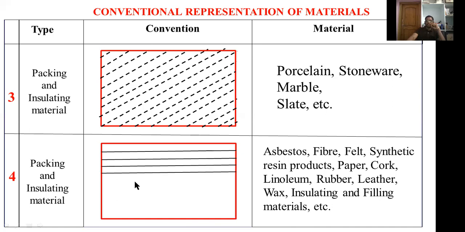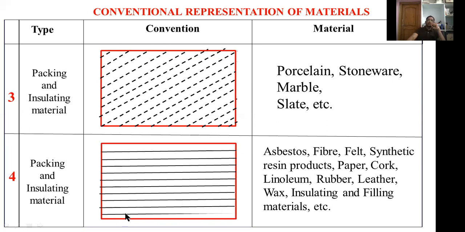These are the horizontal lines. Now for indicating packing and insulating materials, I am drawing again dashed lines. Sorry, continuous lines with 45 degree angle.